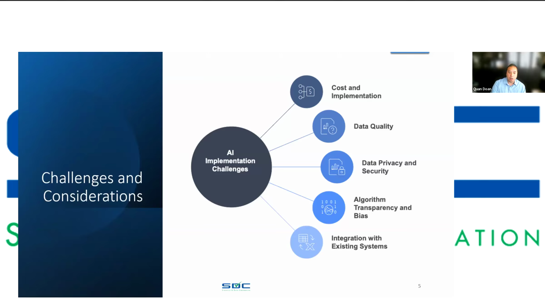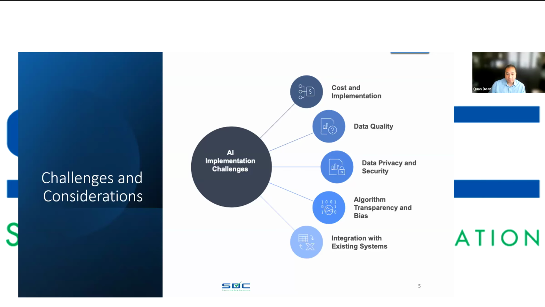As we introduce AI tech into our space, we have to address potential bias in the machine learning algorithms that could skew results. We'll touch on it a little later in the presentation, but this is where having the human in the loop is key with respect to training those models.